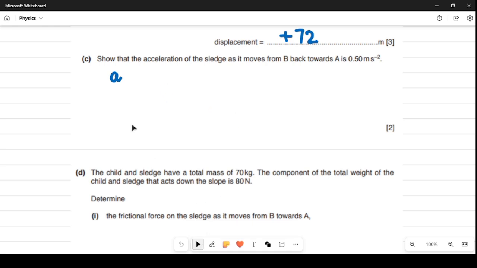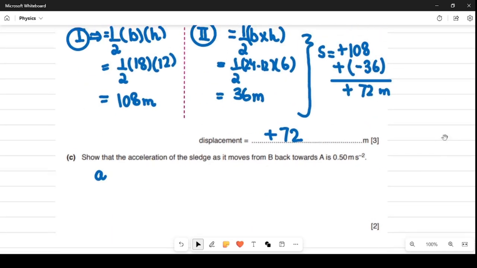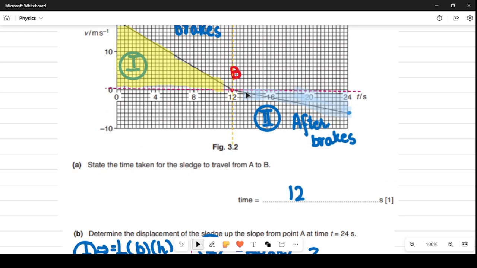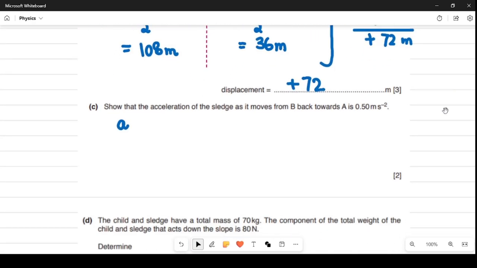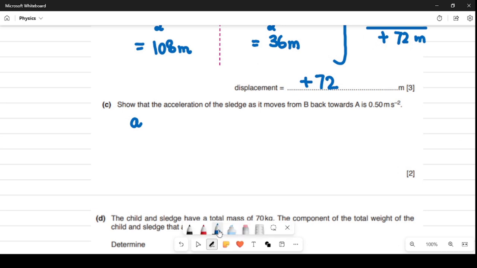The best thing to work with here is to see that this is a straight line graph. And remember, we know the gradient of a velocity time graph is acceleration. So acceleration is basically the gradient of a velocity time graph. And we also know that by chance over here we have straight lines. Straight lines mean constant acceleration.